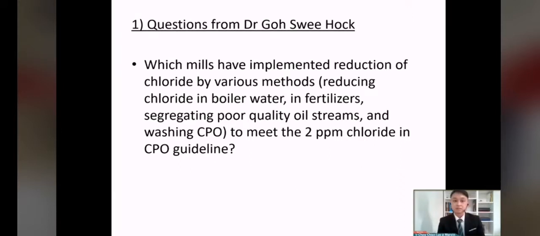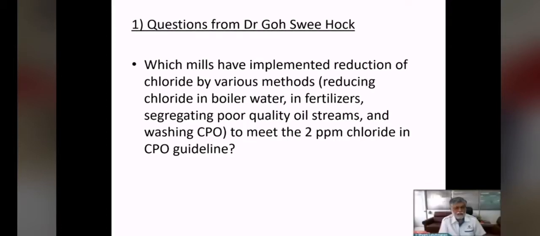Yes, if I may add. Sham, would you like to add to this? Sure. In Sandakan region, in Sabah, IJM has already implemented CPO washing in one of the mills, and they are able to achieve around 1 ppm quite consistently. And for IOI, they have implemented it in 2 mills, and both of them are also able to achieve around 1 ppm level quite consistently.